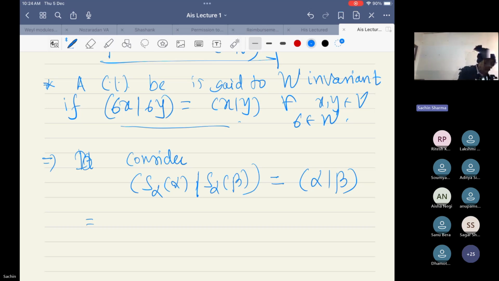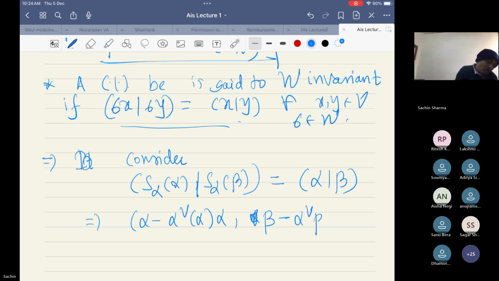This is, you have alpha minus alpha check of alpha, alpha, beta minus alpha check of beta of alpha.